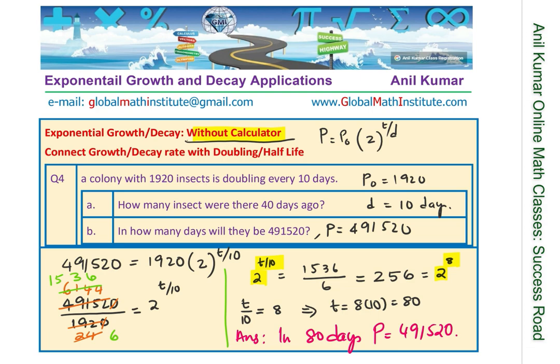Now a couple of things to remember here: you should know the powers of 2. Remember that 2 to the power of 10 is 1024. You could have started from here also, multiplying by 2 to this power and then getting to the result. You could have done that. So anyway, we have got the result here.